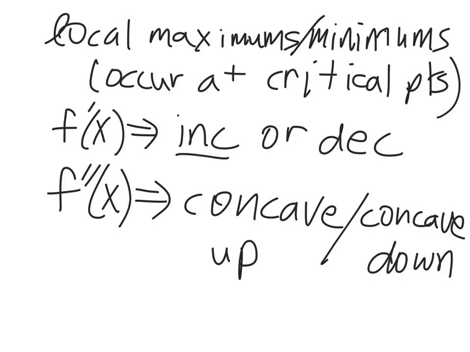So increasing would be where the first derivative is positive. Second derivative is positive, is where we'd have a concave up curve. Negatives would be decreasing or concave down. So we did a lot of stuff with those.